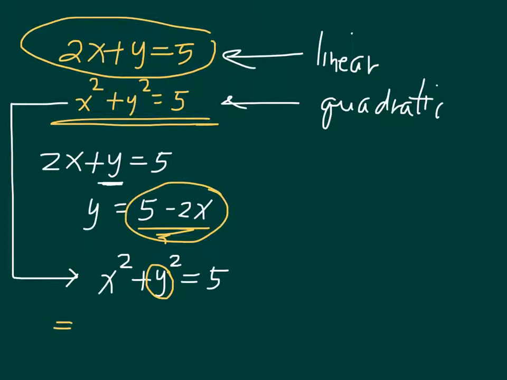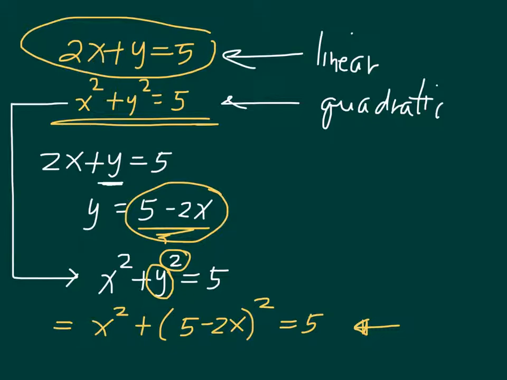So this will become x squared plus (5 minus 2x) squared equals 5. From here, you can see that the equation is now reduced to one variable only, in terms of x. So if we simplify this equation, we will be able to solve for the value of x.